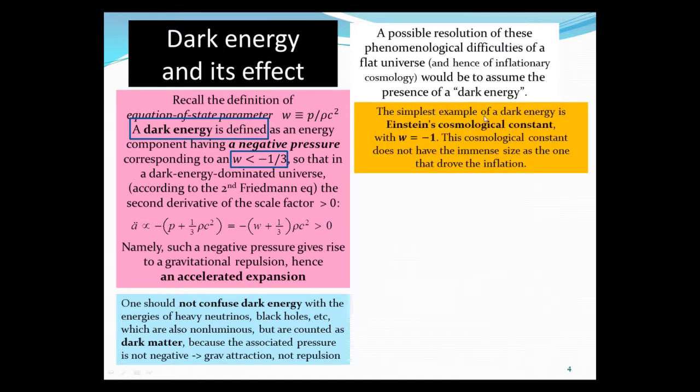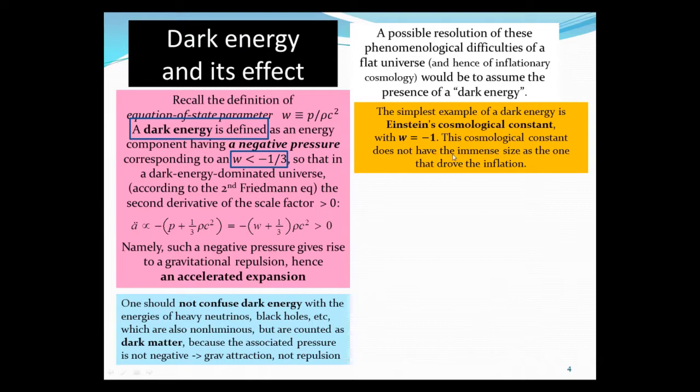The simplest example of dark energy is Einstein's cosmological constant. Remember, for the cosmological constant the pressure is equal to minus the energy density, so W would be minus 1, which is of course less than minus one-third.